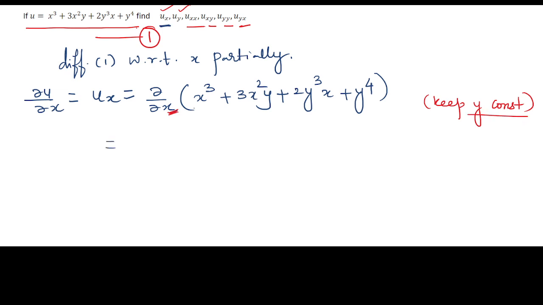So derivative of x cube is 3x square plus derivative of 3x square y. Here 3 is constant, y is constant, so constant terms we will write as they are. Only x square is left, and the derivative of x square with respect to x is 2x. Plus, in 2y cube x, 2 is constant and y cube is also constant, so we write them as they are.